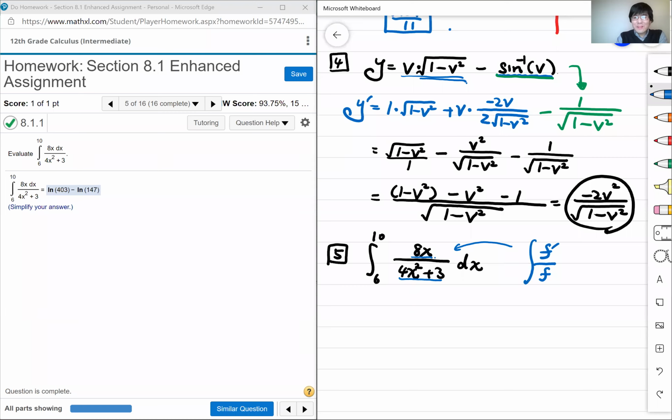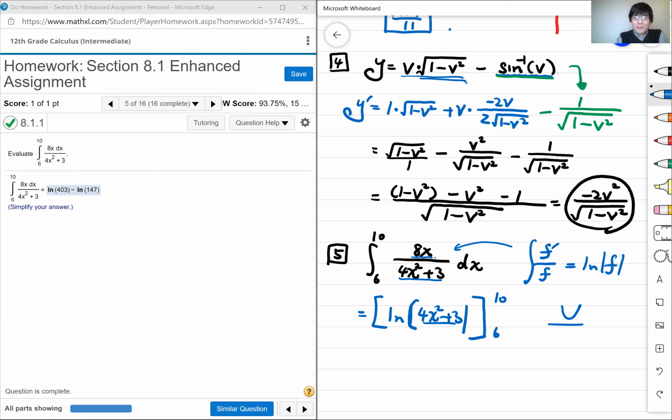So we look at such an expression optimistically, we hope that the expression looks like this form. Well, if this is it, then its integral is log of the denominator. So it's going to be log of the absolute value of 4x squared plus 3. And you're going to just plug in 6 and 10. Well, you really do not need the absolute value sign now because this function is always positive.